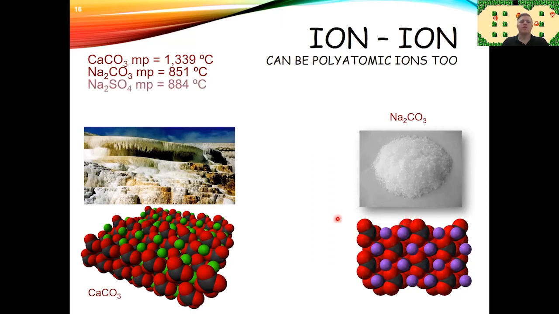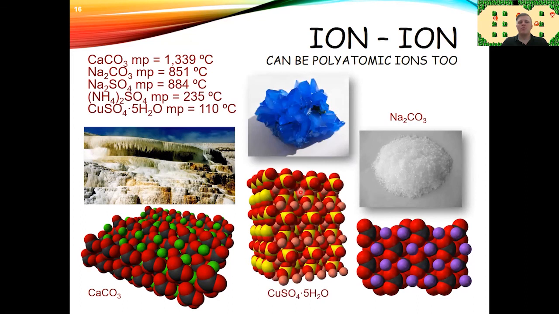If you have something that's really repetitive and really structured, like copper sulfate pentahydrate here, then you can get three-dimensional crystals with predetermined shapes. So the shape of crystals is determined by the packing at the molecular level. The more regular that packing, the more likely you are to have this big three-dimensional structure.